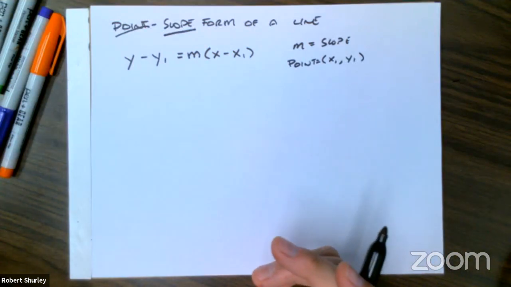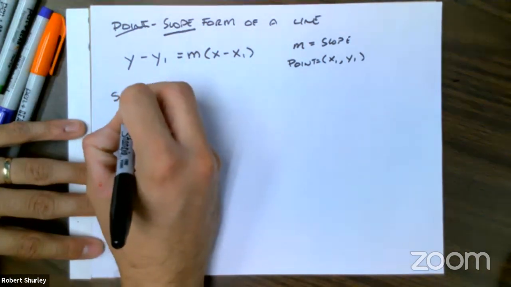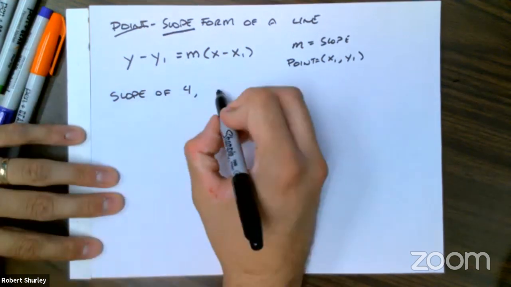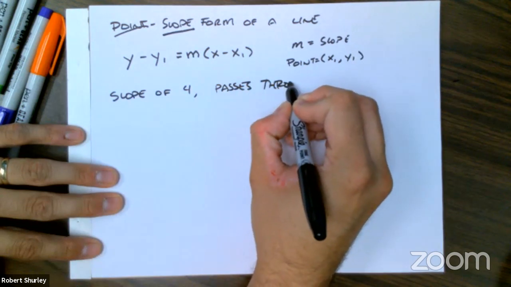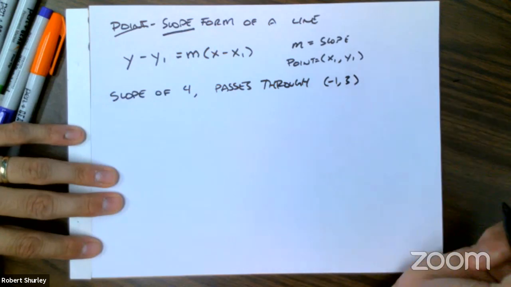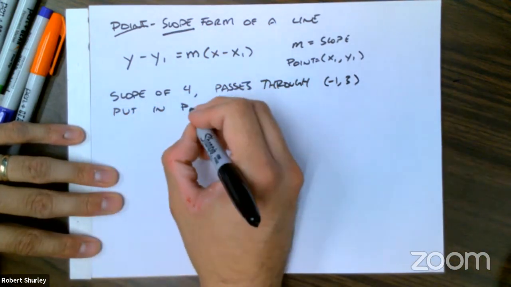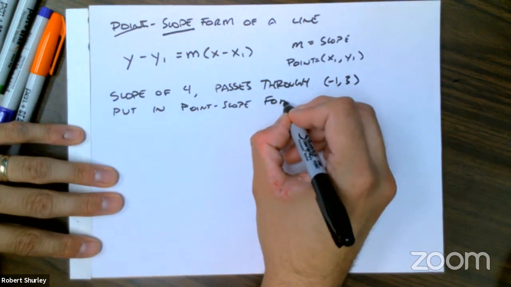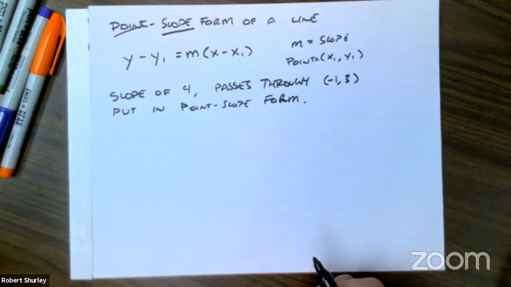It says, write an equation in point slope form for the line with a slope of 4, and it passes through -1, 3. Put in point slope form.